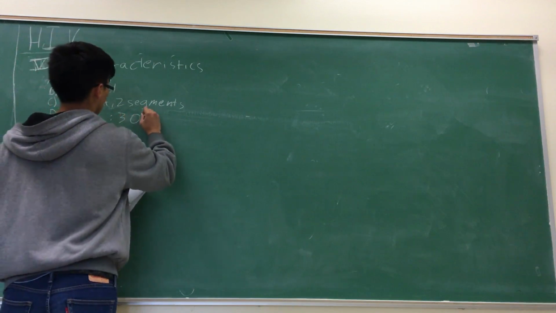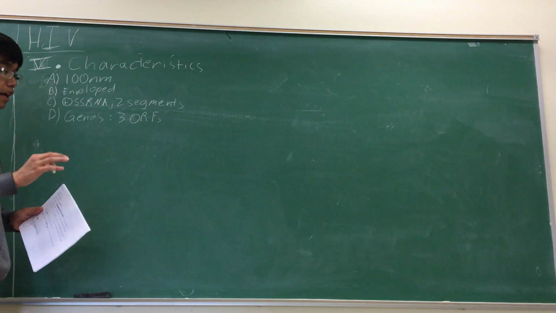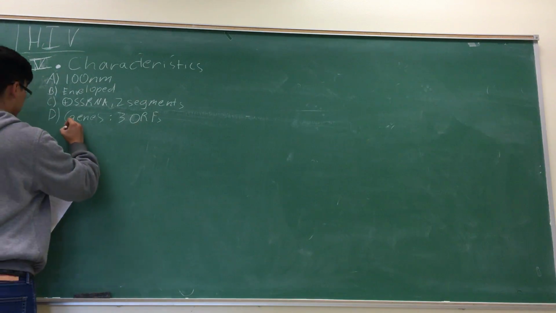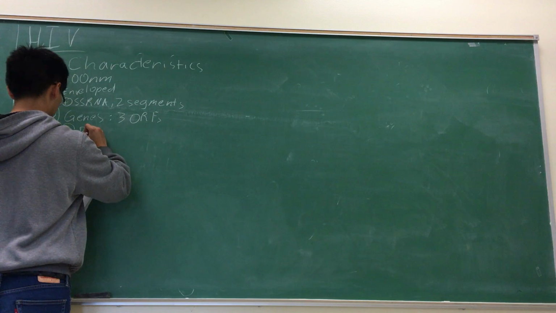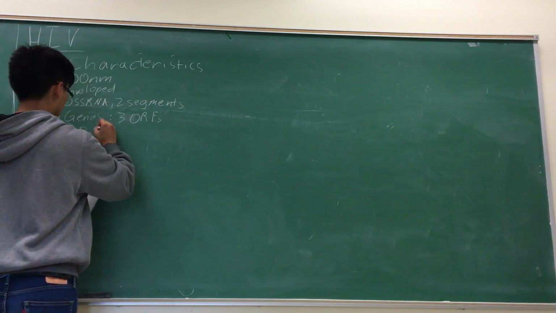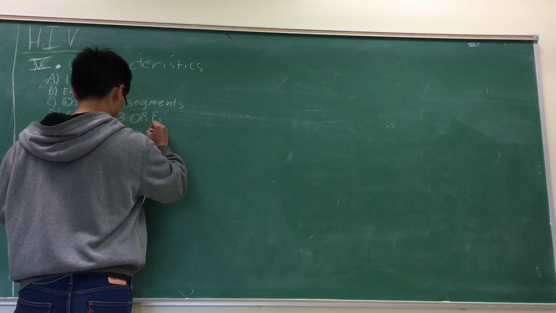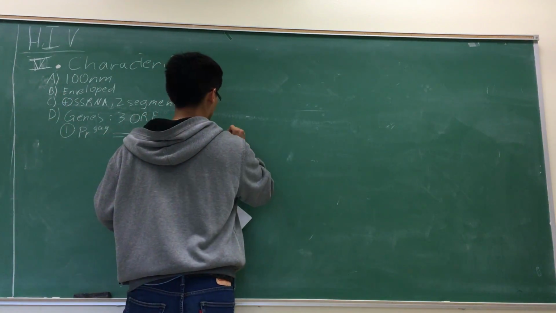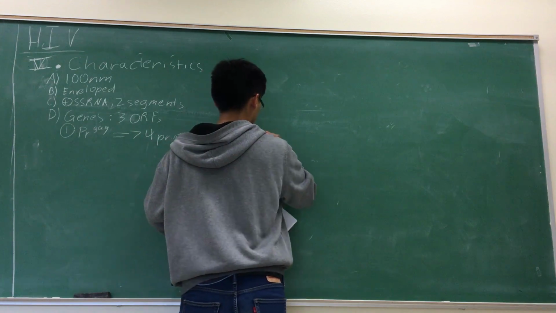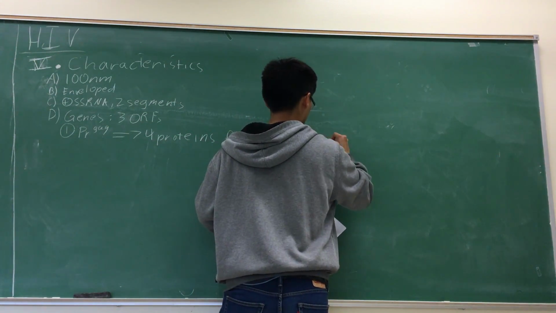Three open reading frames. So it has a gag, a pol, and an envelope open reading frame. In those open reading frames is PR gag, PR for precursor. Now gag encodes 4 proteins for internal structure.